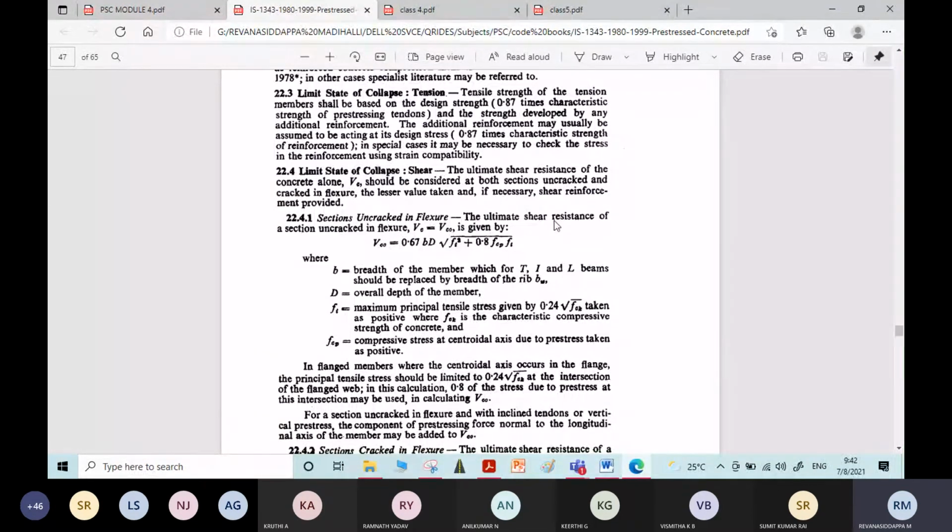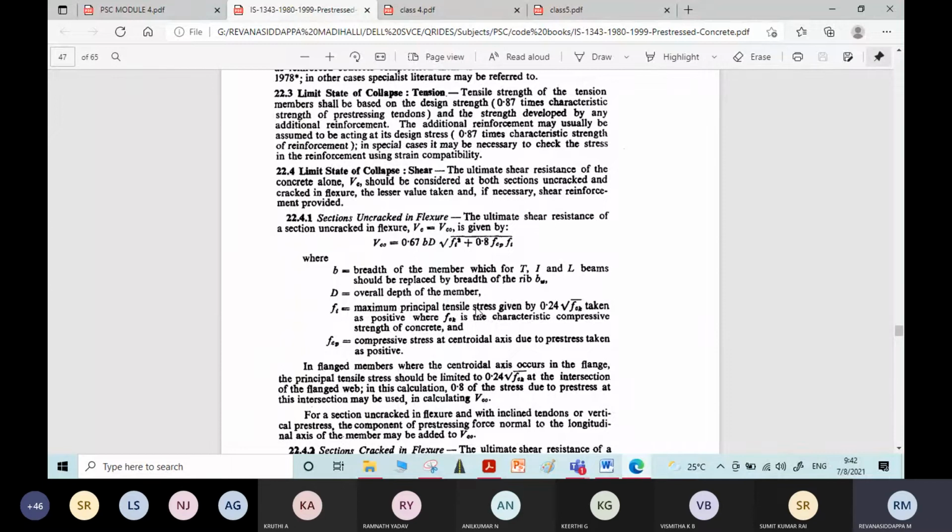Ultimate shear resistance VC naught is given by 0.67 B into D root of FT square plus 0.8 FCP FT, where B is width of the member. If it is a flexure section, we need to take width of web or the BW. And D is the overall depth of the member, and Ft is the maximum principal stress.